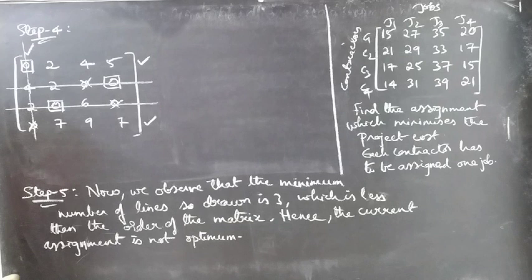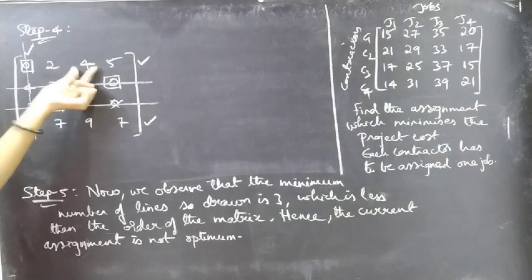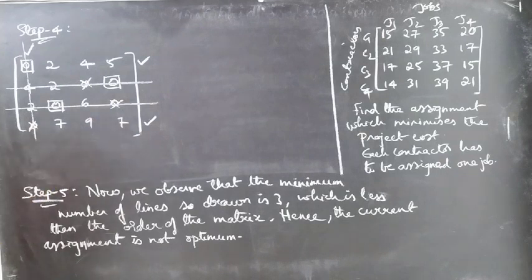We'll subtract 2 from all the elements which are uncovered, and we'll add this 2 to the number which exists at the intersection of 2 lines. Okay, let's see.